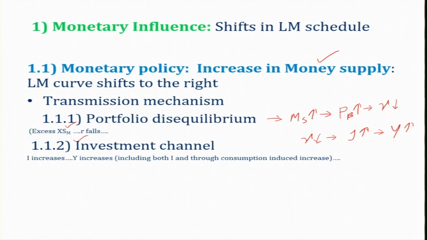Y increases through both channels: one is the increase in investment demand, the other is the declining rate of interest. Here investment demand means demand by firms for capital goods, and the household sector also demands more durable goods. So, as a result Y will be increasing.